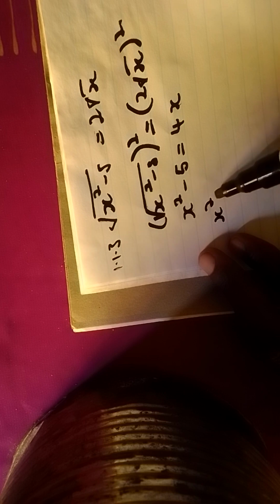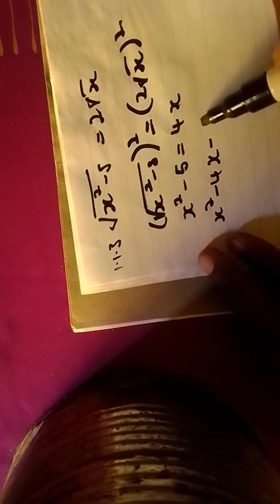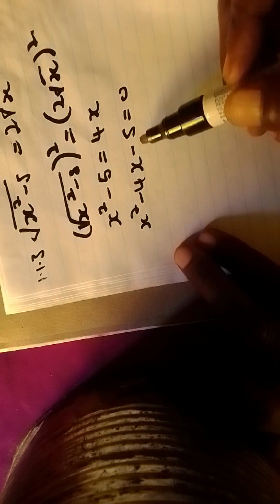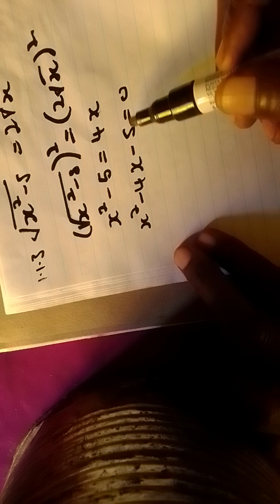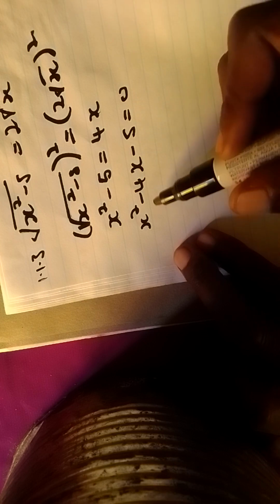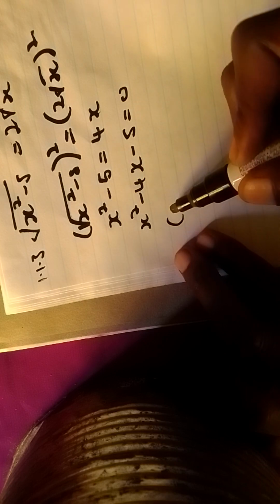Now we move this x to this side: x squared minus 4x minus 5 is equal to 0. Now, two numbers that we multiply together to give us 5, and when we subtract them, give us 4, is 5 and 1. We open the brackets: x.